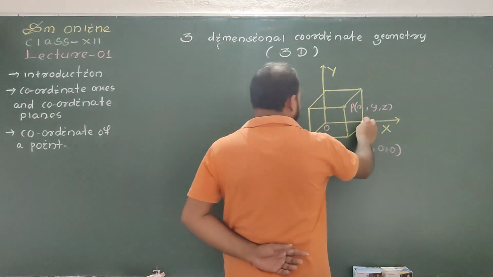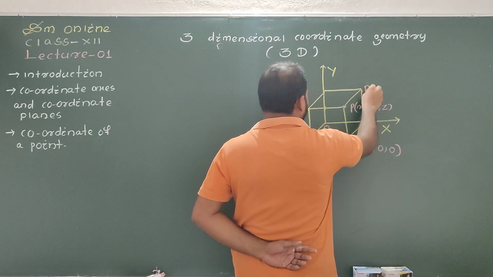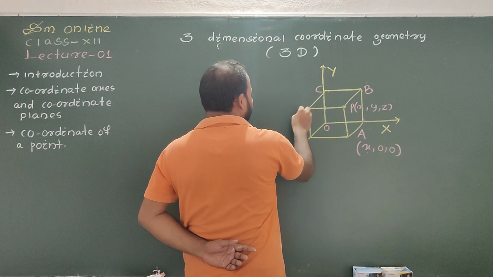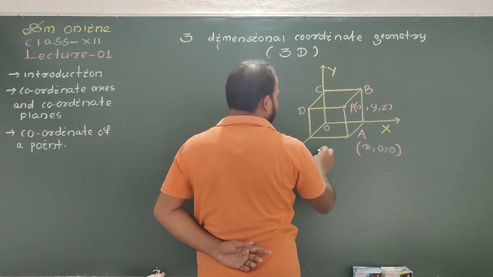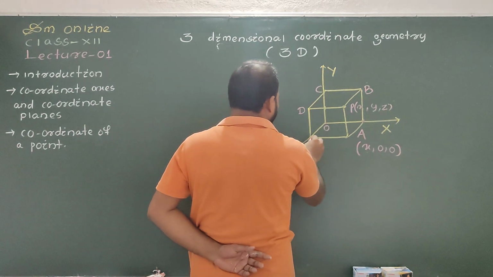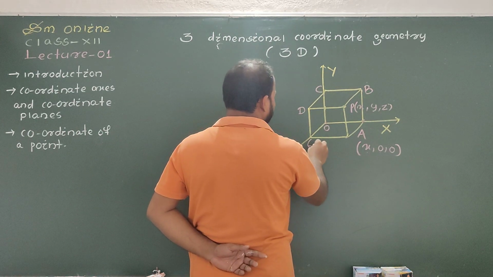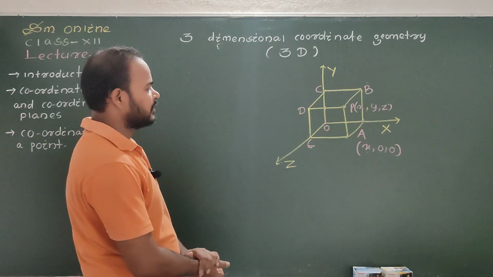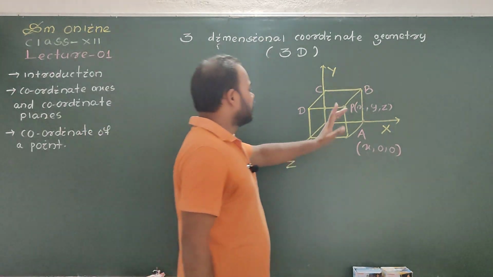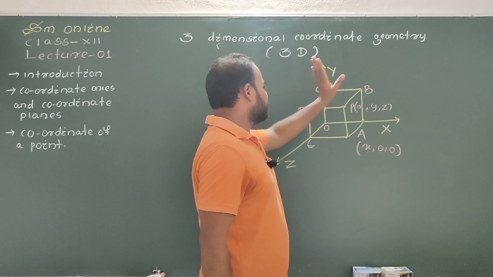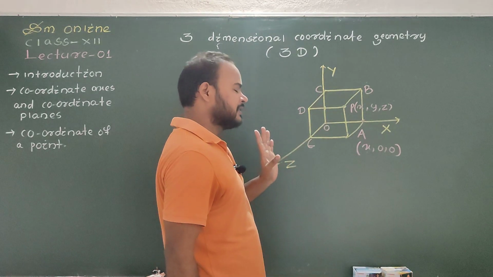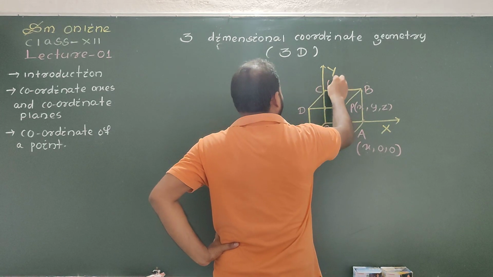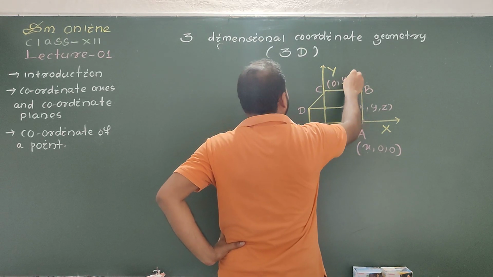Okay, now this is point B, this is C, D, okay, and it is E, let us consider. Now, here the C point is on y-axis. Means what? Coordinate of C is what? 0, y, 0.